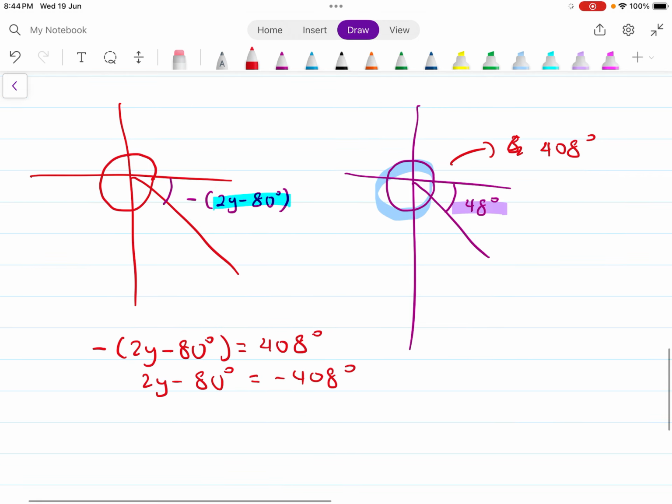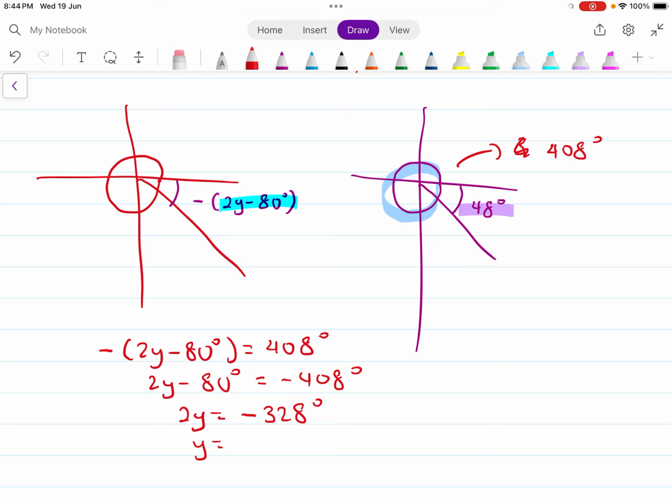Of course minus 80 you move over, so 2y equals minus 328 degrees. Divide by 2 throughout, negative 328 divided by 2, so it's about negative 164 degrees.